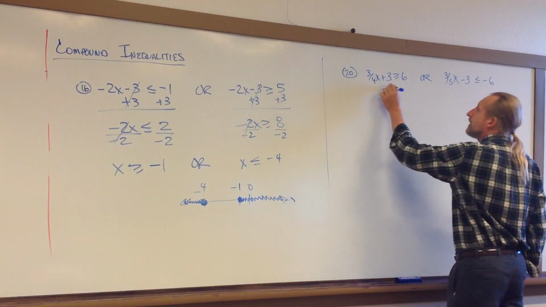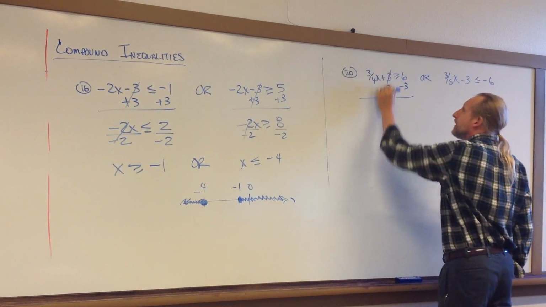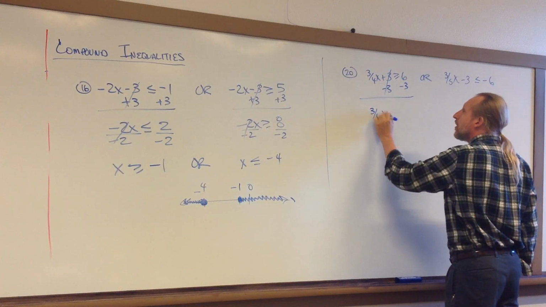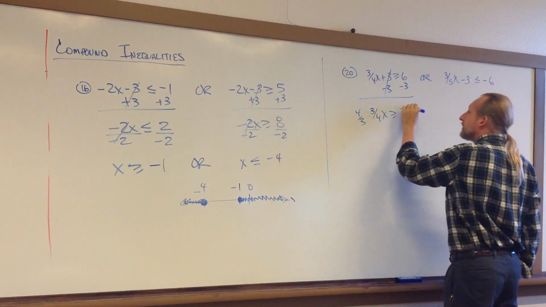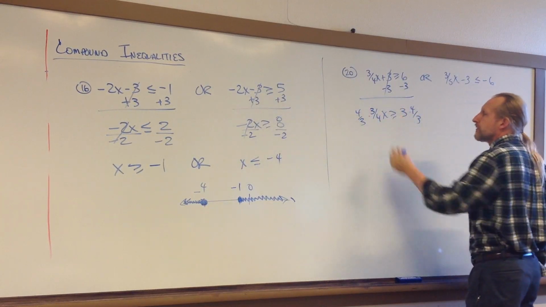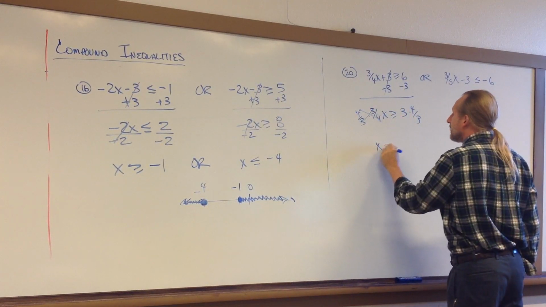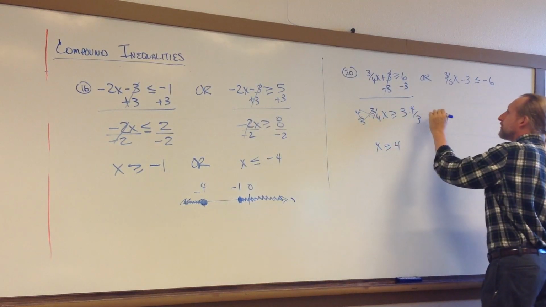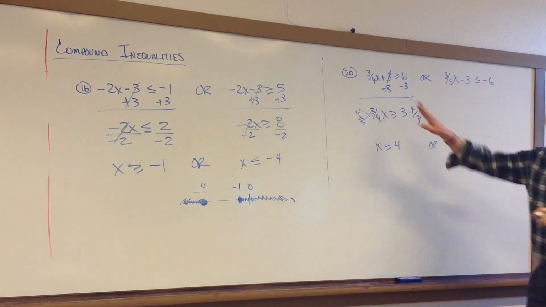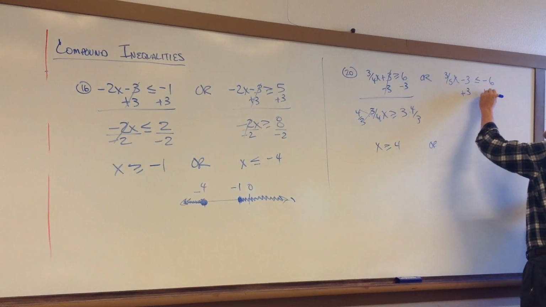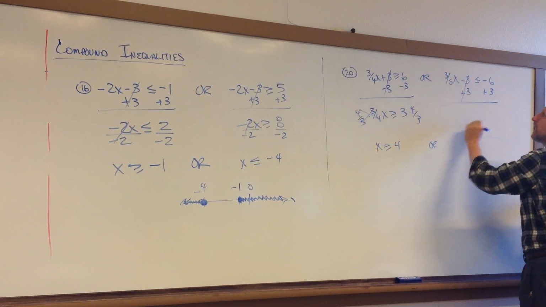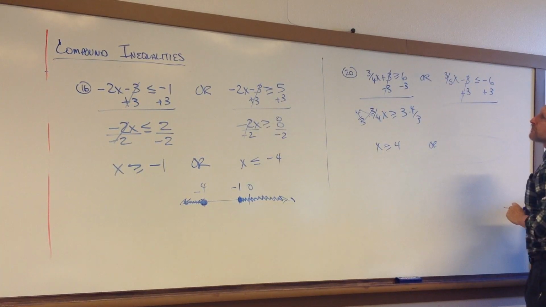So for starters here, we'll subtract 3 in both places. And then, again, you can divide by 3/4 if you're in the habit of doing that. I'm in the habit of multiplying by the reciprocal, and so that's how I usually get that x by itself.